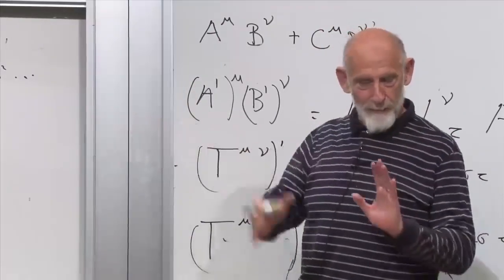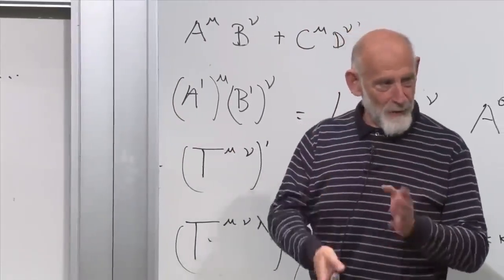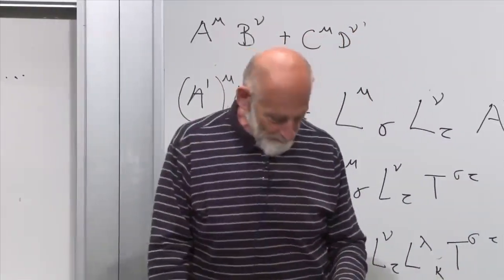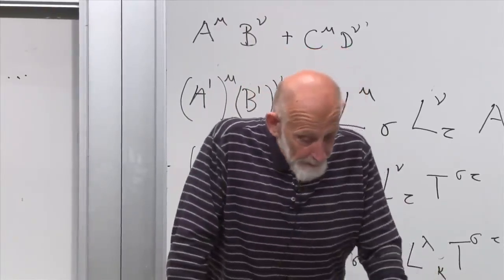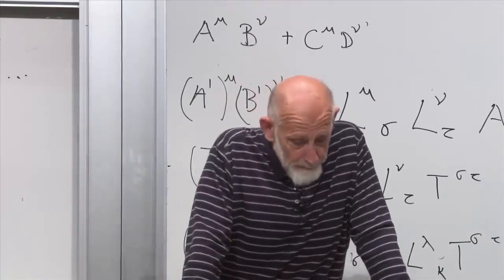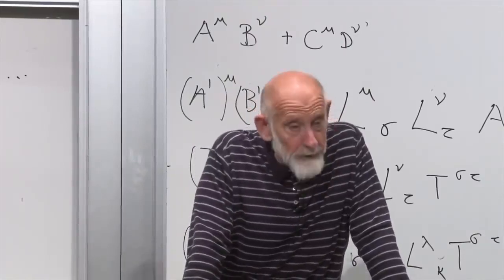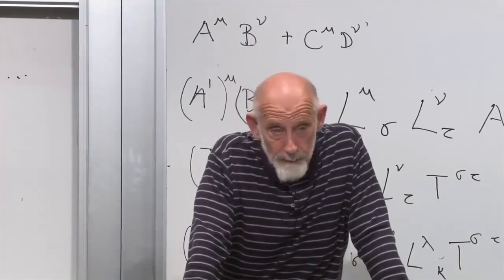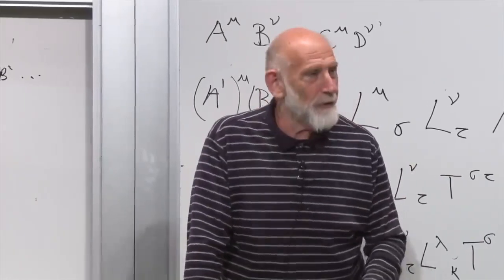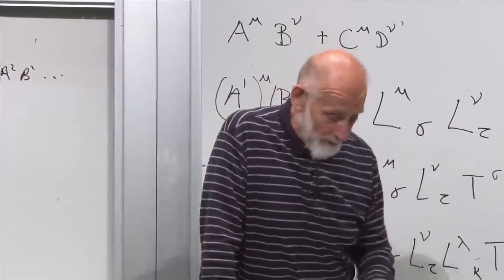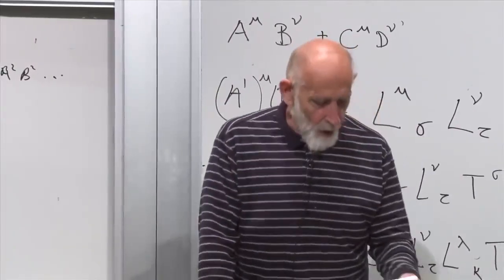You just learn to manipulate the indices, and it's so quick and so efficient and so fast. But yes, it does have a geometric meaning. Tonight's lecture is really about electrodynamics, and we aren't going to get there.